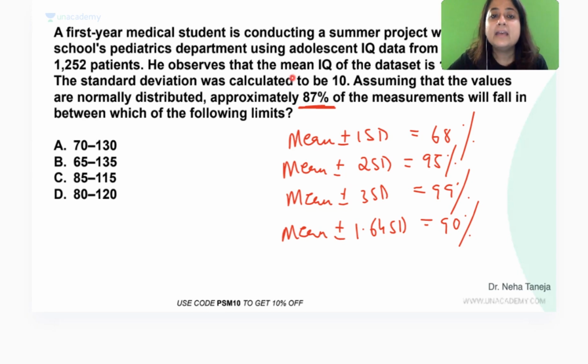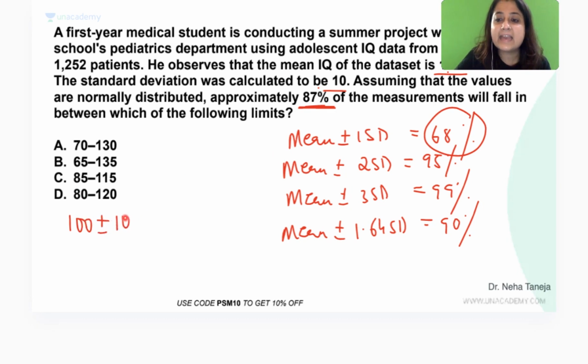What is given here? The standard deviation is 10, the mean is 100. So if I ask you what values lie within 68%, can you calculate and tell me? 100 plus minus 10 is 68%. So what values lie within 68%? 90 to 110. Okay. What values lie within 95%, everybody?